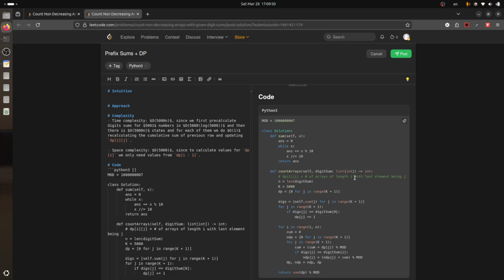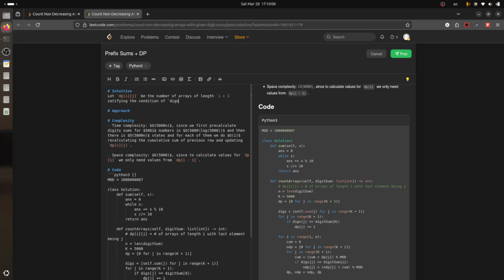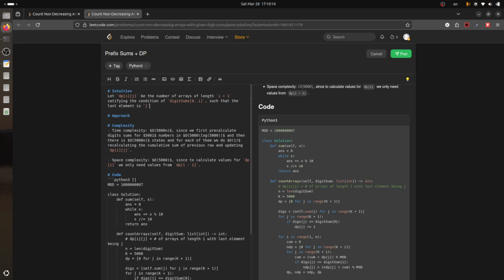Because we don't care what the previous elements were: if the last element was j, we know that the next element has to be j or more, right?